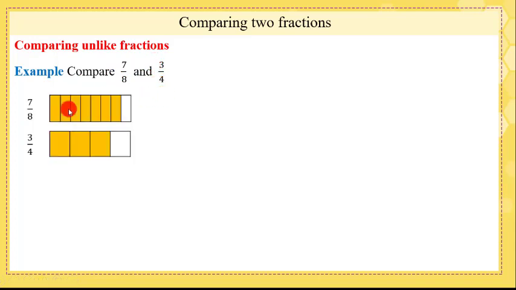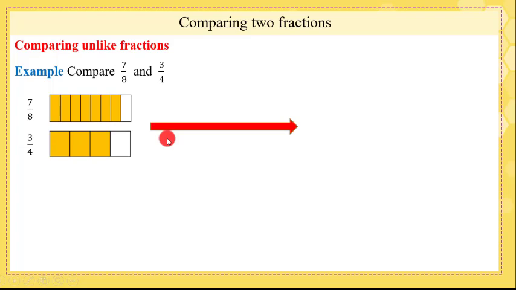Now let's compare unlike fractions. For example, compare 7/8 and 3/4. Let's take two rectangles of the same size, but each one is divided into a different number of columns. The first one is divided into 8 columns, and the second one is divided into 4 columns.